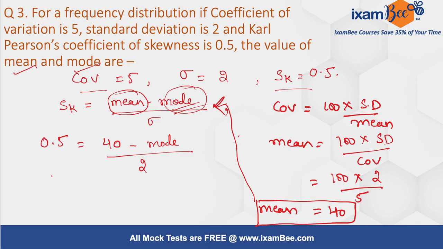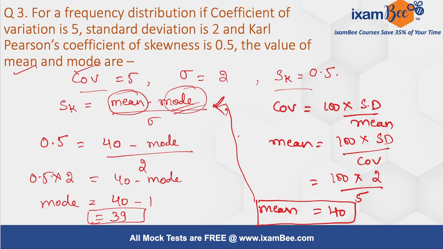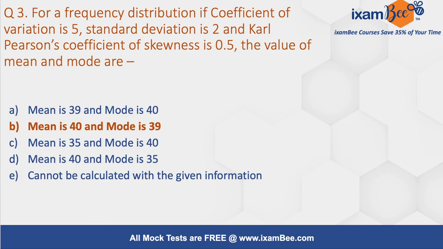So 0.5 into 2 equals 40 minus mode, then mode is equal to 40 minus 1, that is 39. So the value for the mode is 39 and for the mean it is 40. Let's see the options. Here mean is 40 and mode is 39. So option B is the correct answer.